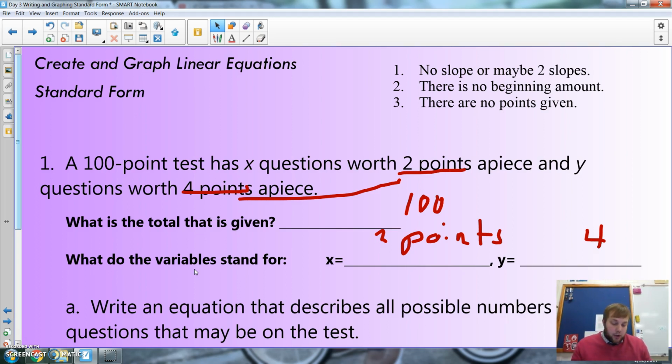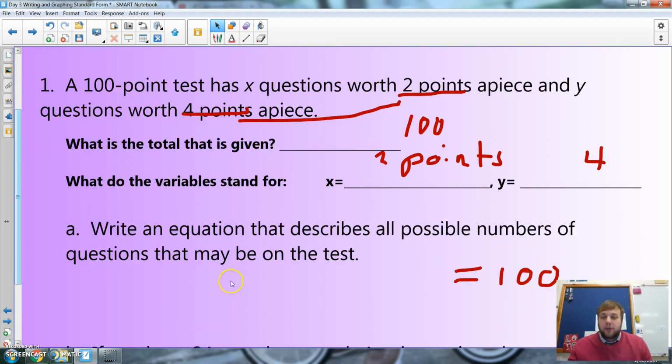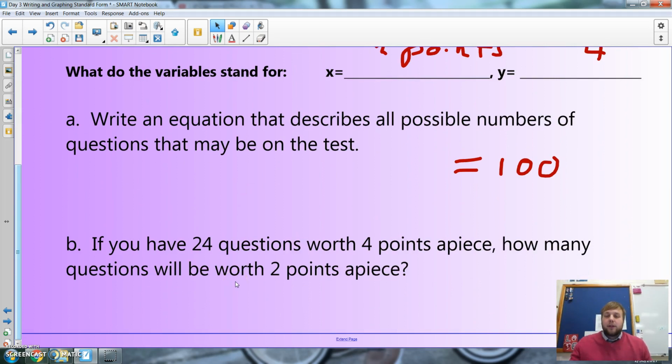Well, I know that it's going to first of all equal 100, and that's the first thing I take out, is I know there's a total here. And let me scroll down so you can see. I know there's a total here that equals 100. Here's the thing. I know that every x is going to be worth 2 points.